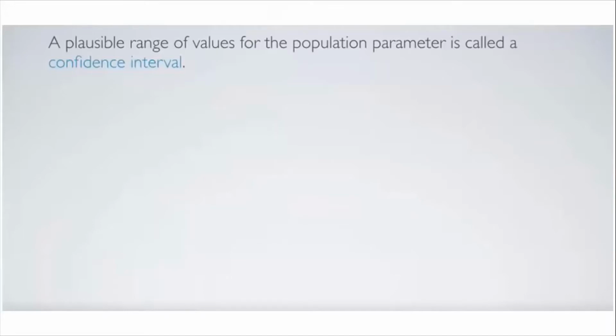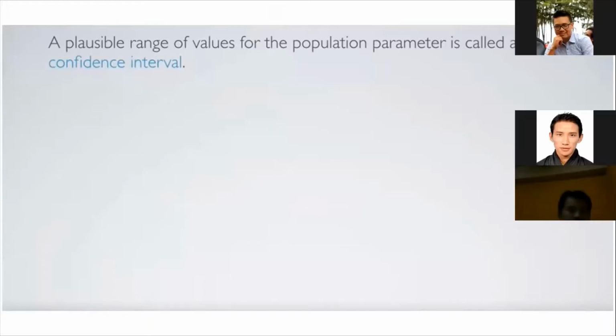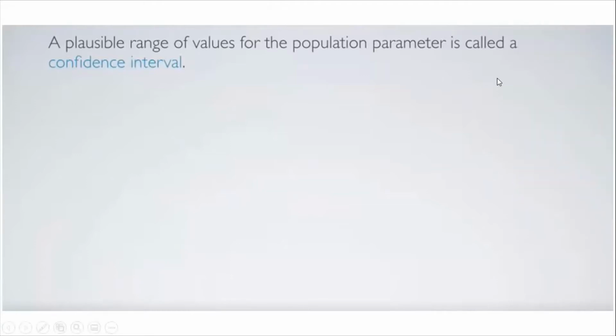Okay, so first, what is a confidence interval? The formal definition is it is a plausible range of values for a population parameter. When we talk about inferential statistics, what's available is our sample.